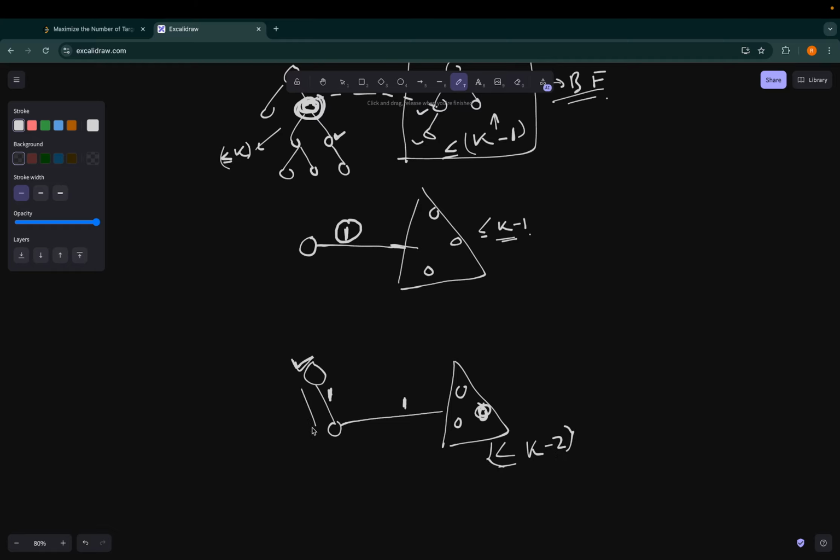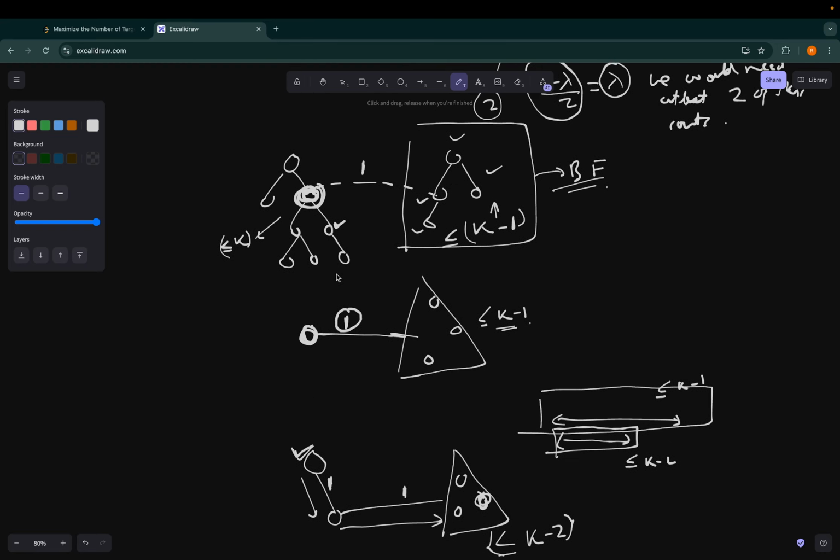Because this is 1, this is 1, and then k minus 2 over here. So obviously the number of nodes which are less than or equal to, let's say these are the number of nodes which are less than or equal to k minus 1. So k minus 2 would lie somewhere over here, right? This is less than k minus 2. So you are reducing your own search space of the answer, right? And since you want to maximize the answer, we'll choose this search space. So that's why it's always optimal to connect from the node that you're trying to find the answer for.